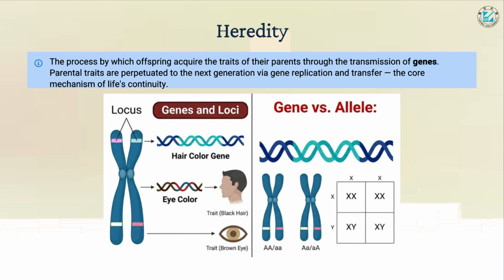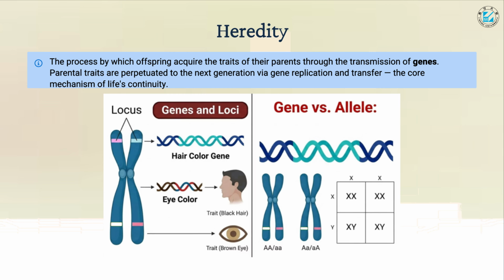The core mechanism behind heredity is the replication and the transfer of genetic information. In most living organisms, this genetic information is stored in DNA. DNA contains the instructions necessary for growth, development, function, and reproduction.